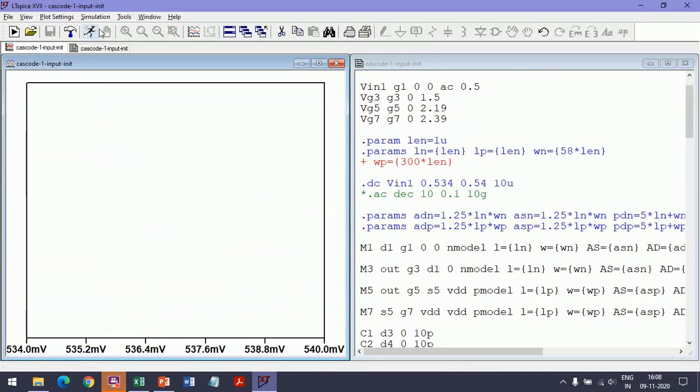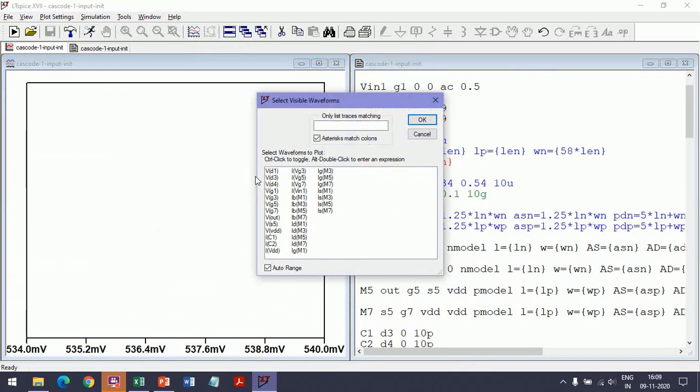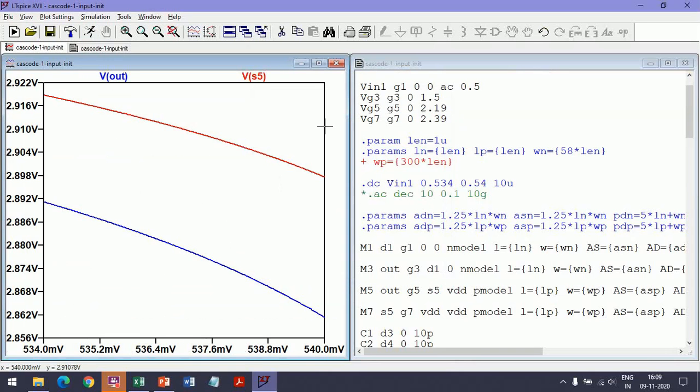So let us run, and now let us plot again V out and another voltage which we will make. All right, so this range is very small.